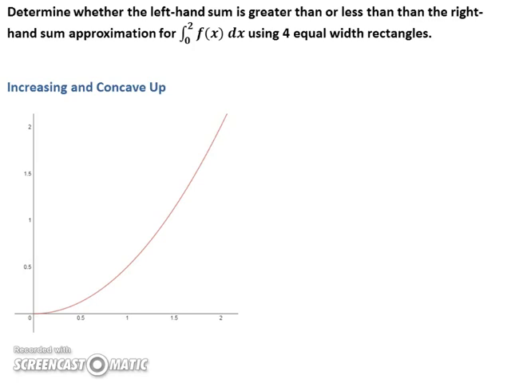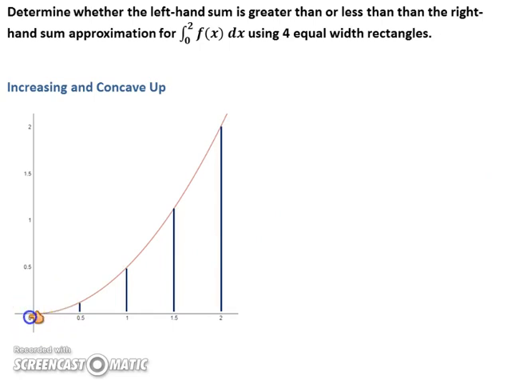Let's say we have an increasing and concave up function. Our left-hand sum will look like this. Now if you remember this from chapter 5, our left-hand sum from 0 to 2 will use 0, but will not use 2. We're going to use A, but we're not going to use B when we make our rectangles.